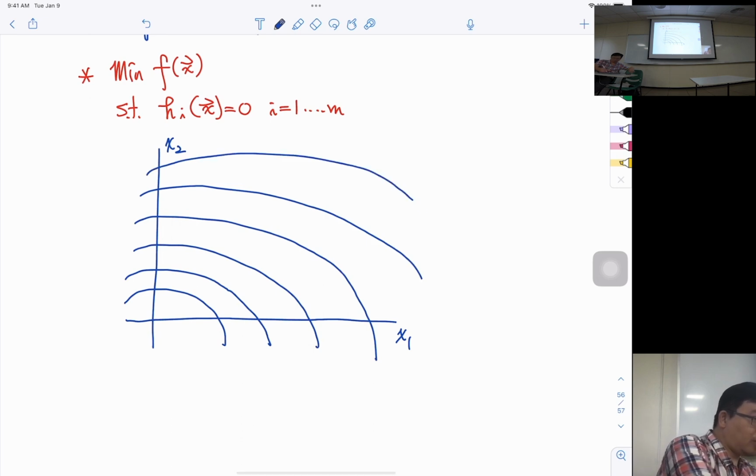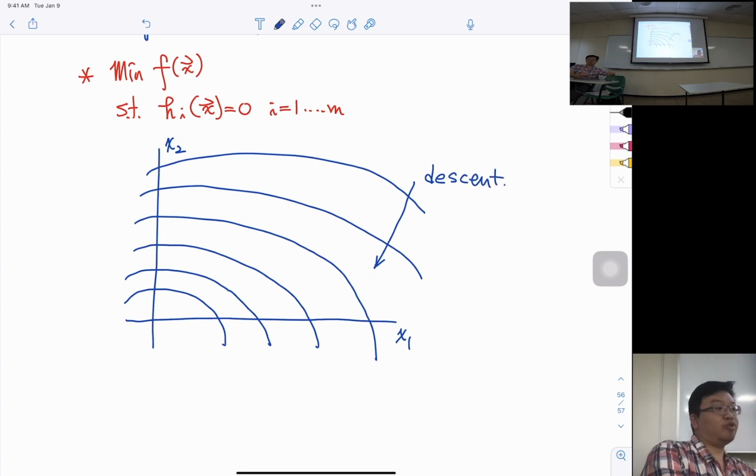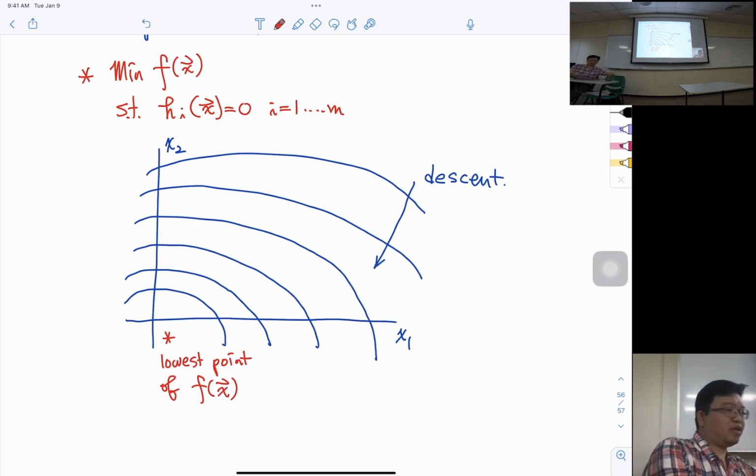Okay, and let's say this is the descent direction, which means the lowest point could be right here. This could be the lowest point of f.